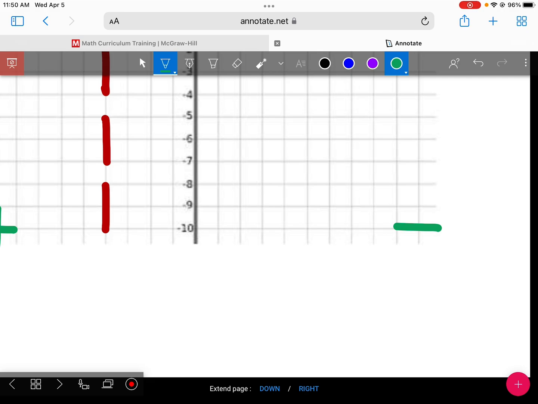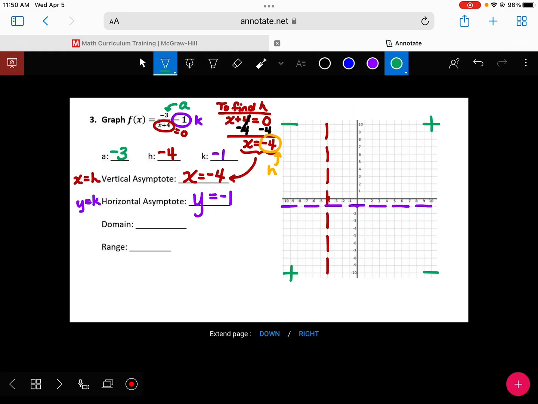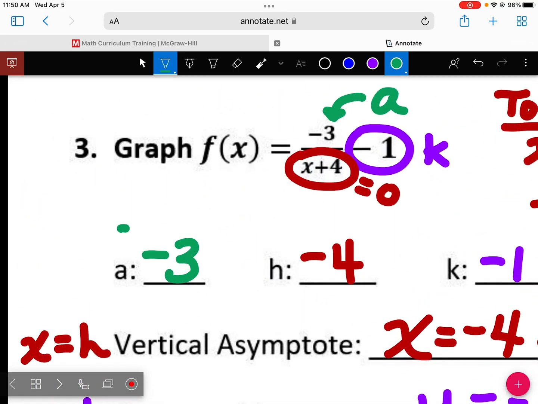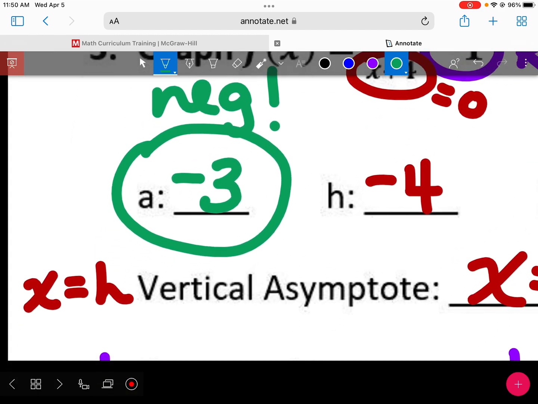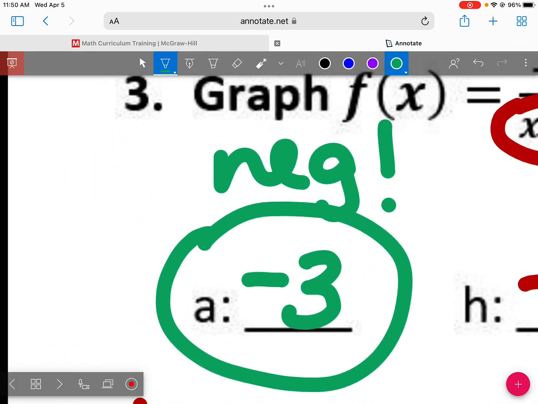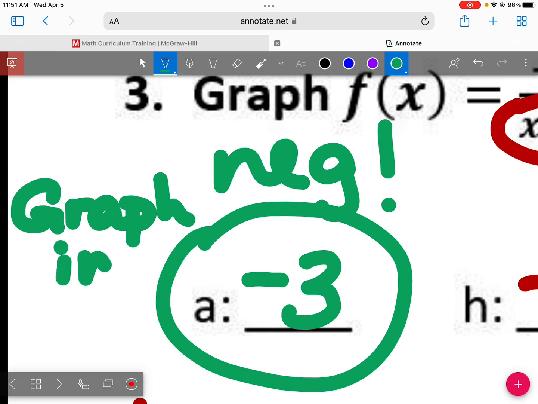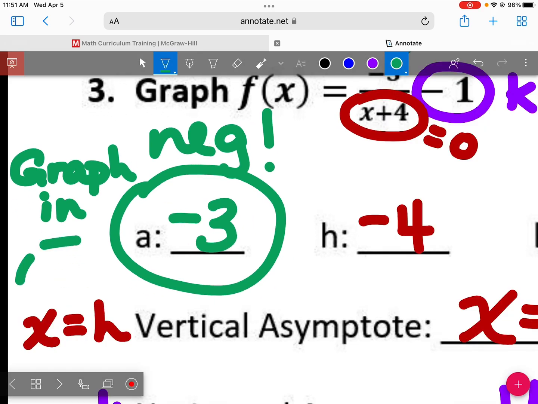Now, since they're all three negatives, do you shade out the positive side? Yes. My A value is negative. So we're going to graph in which quadrants? Negative quadrants. We will graph in the negative quads.